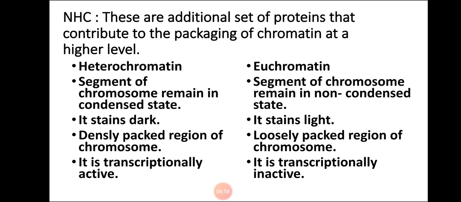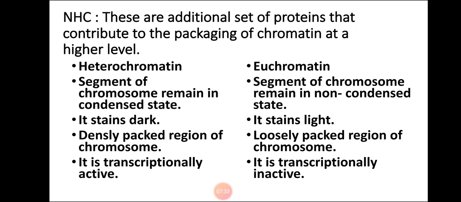There are two types of chromatin, heterochromatin and euchromatin. Heterochromatin means the segment of chromosomes remains in a condensed state, that is, densely packed in a region. Euchromatin means the segment of chromosomes remains in a non-condensed state, that is, loosely packed.